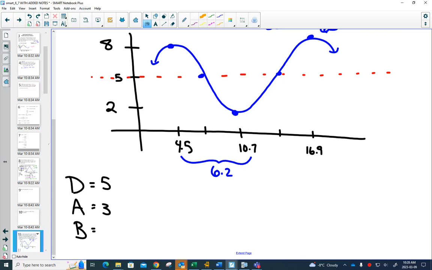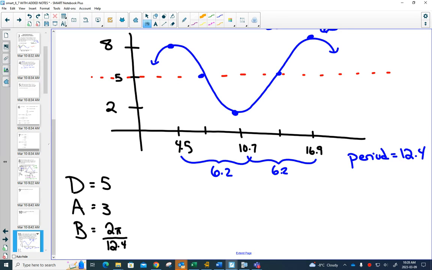If it's 6.2 from 4.5 to 10.7, it will be another 6.2 there, and our period will be 12.4.